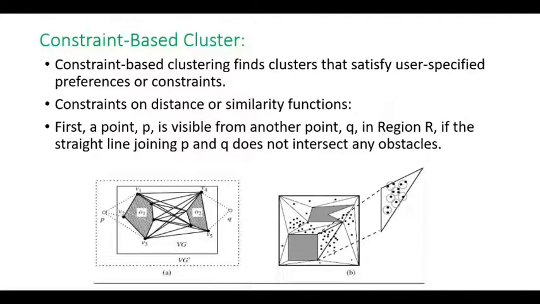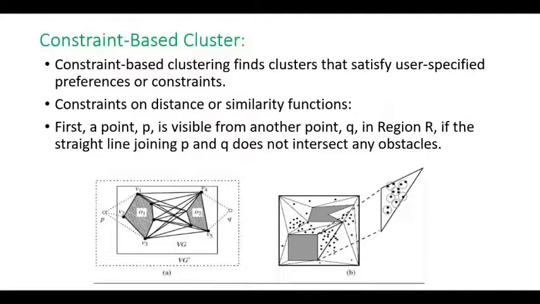In the first figure, the shortest path between the two points P and Q will be a subpath of VG, as shown in figure A. We see that it begins with an edge from P to either V1, V2 or V3, goes through some path in VG, then ends with an edge from V4 or V5 to Q.